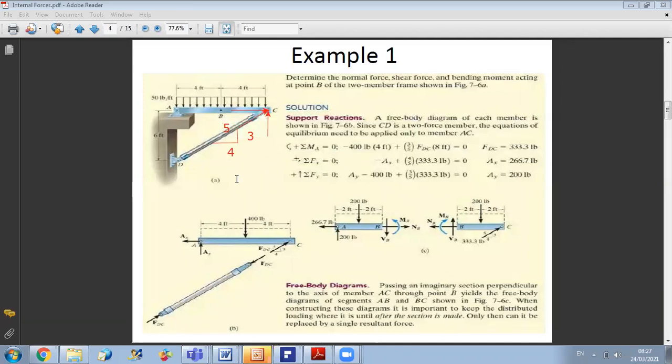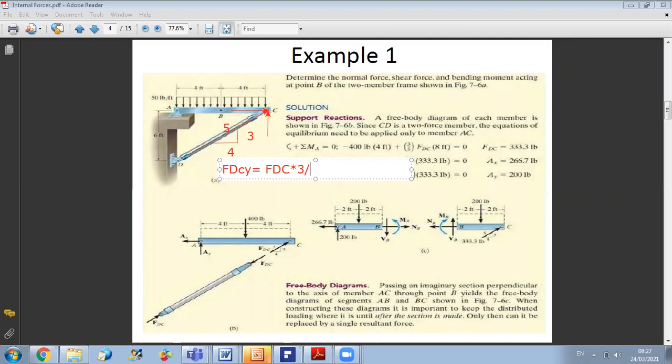So now you can say that the component of FDC along Y, FDCY, is equal to FDC times sine of this angle here, which is 3 over 5. So times 3 over 5.